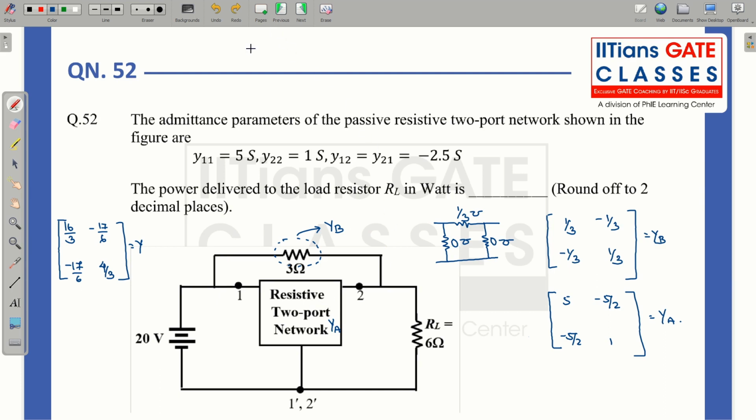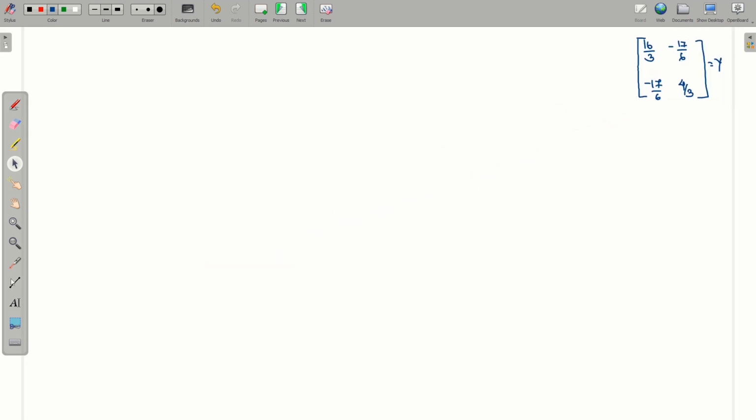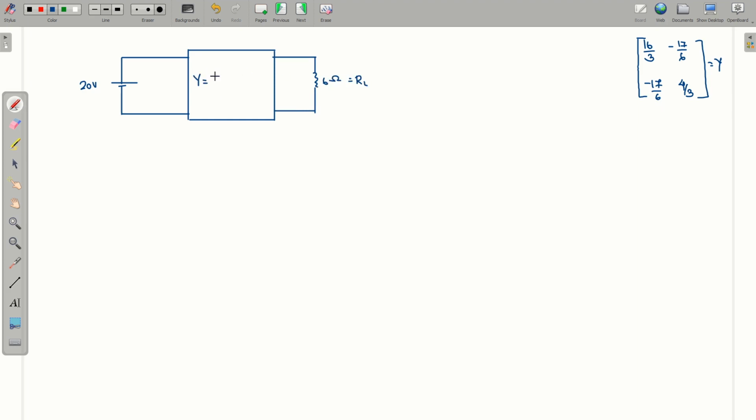Now let us redraw this. So if we redraw the circuit, this is 20 volt, this is 6 ohm, which is equal to RL, and the overall Y parameter we have calculated as 16 by 3, minus 17 by 6, minus 17 by 6, and 4 by 3.